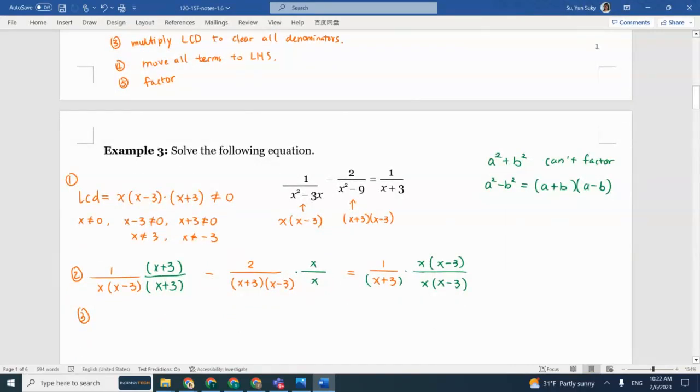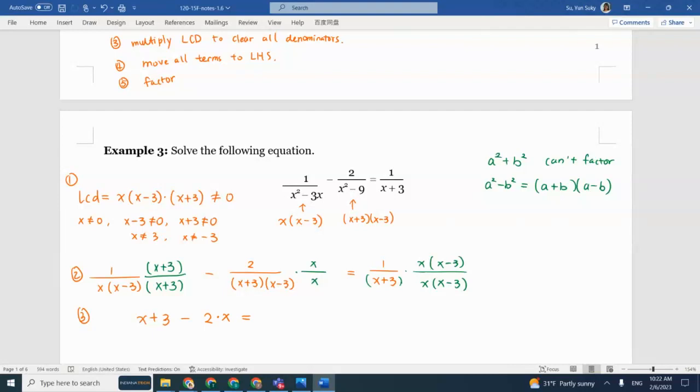Then it just feels like you just erase all the denominators. Then what do we get? We get 1 times x plus 3, which is x plus 3, minus 2 times x.